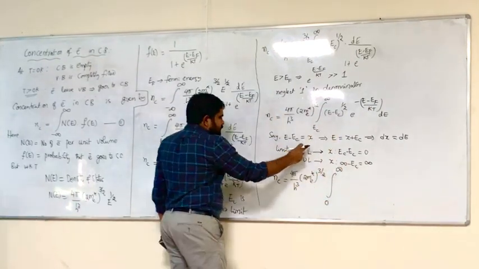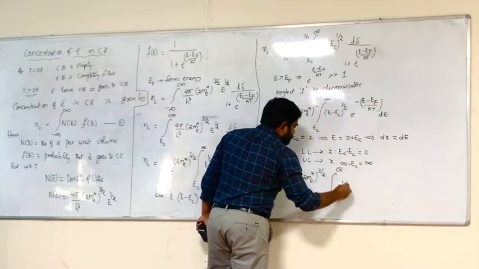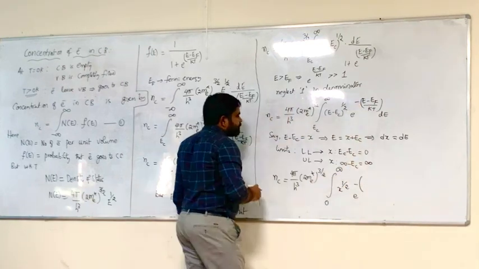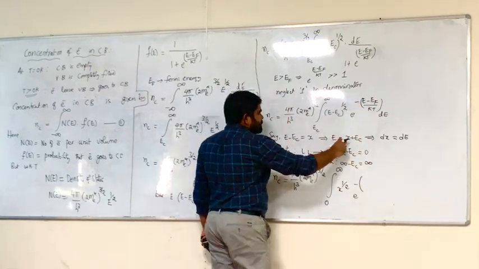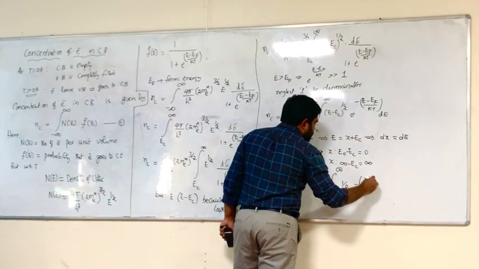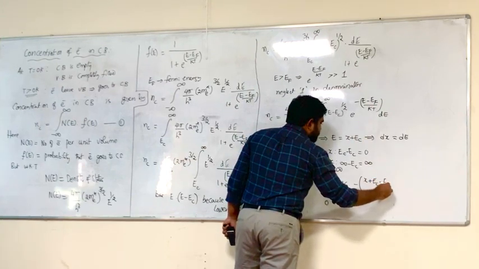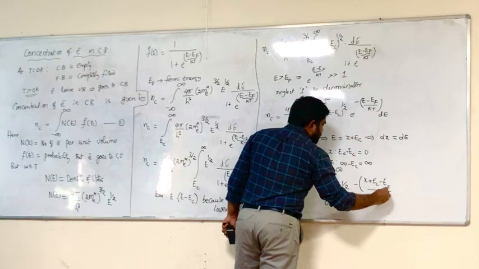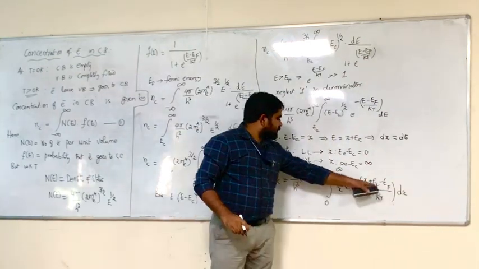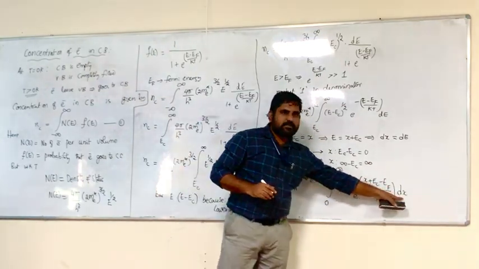Instead of E minus Ec, it will be x to the power 1/2 and e to the power minus E. Instead of E, I can write x plus Ec minus Ef by kT. Ec is constant, Ef is also constant, x is not constant, you are differentiating with respect to x.